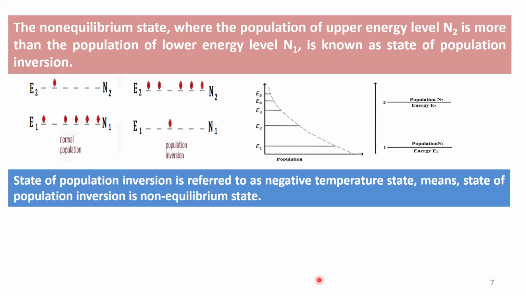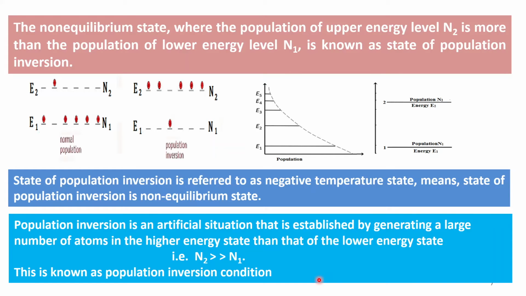So in case of the lasing action, the system should satisfy a condition: there should be a population inversion. The population inversion is an artificial situation that is established by generating a large number of atoms in the higher energy state than in the lower energy state.